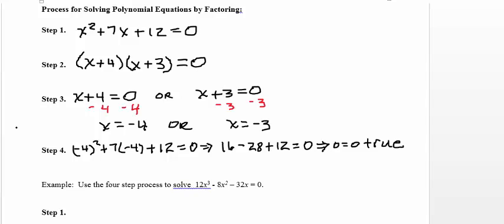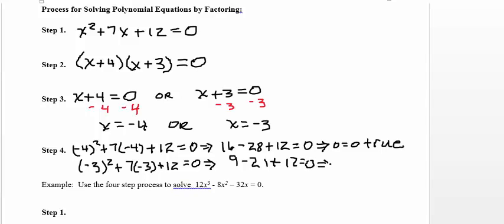So that means x equals negative 4 is a solution. Now I replace every x with negative 3. So 9 minus 21 plus 12 needs to equal 0. And I see that that gives me 0 equals 0, which is also true.